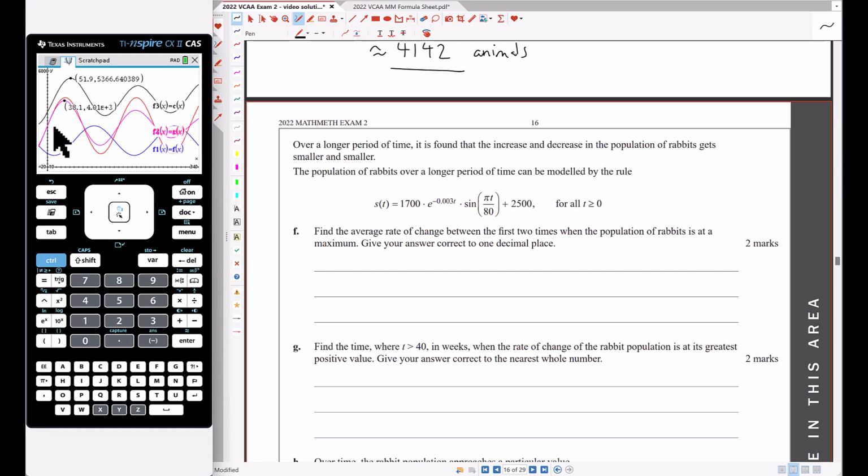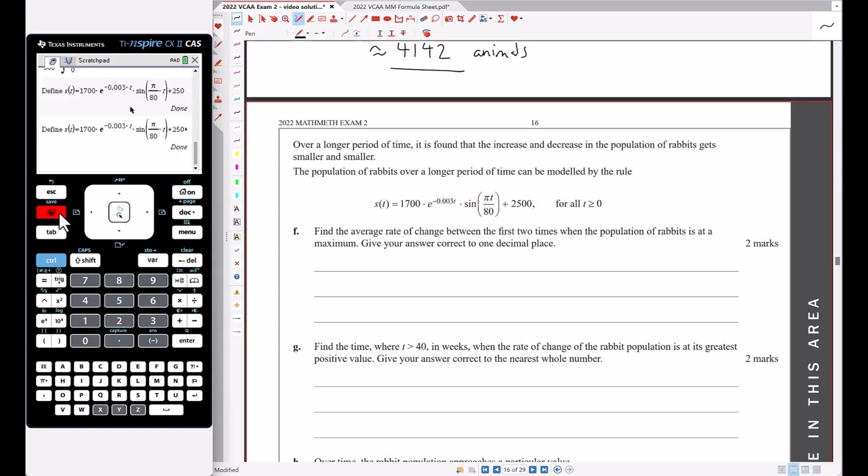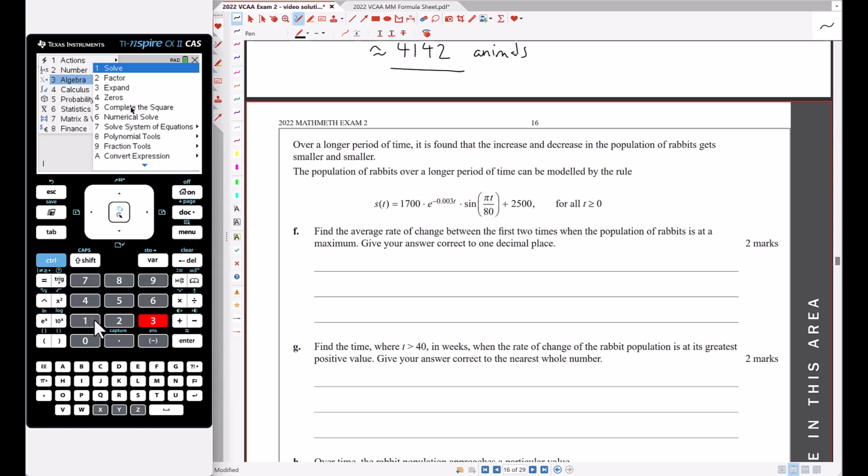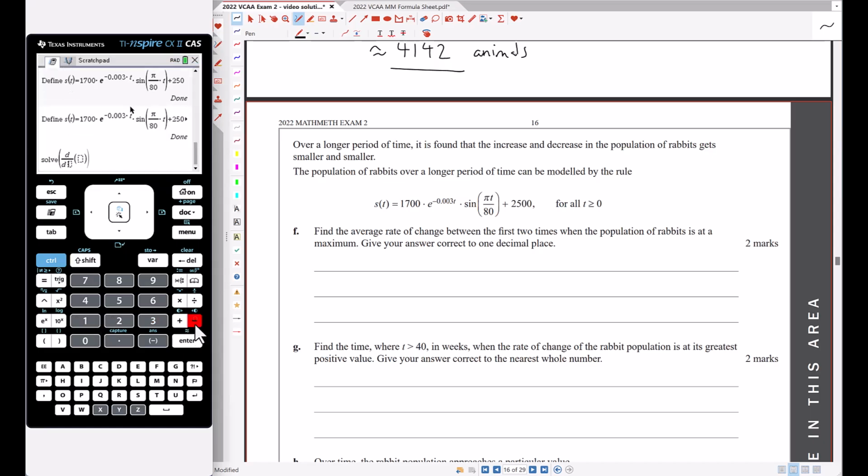But at least graphically we can see that the first positive place where the derivative is 0 will be a maximum, and then the third place where the derivative is 0. Okay, so let's have another look. Let's solve the derivative of S of t equal to 0 for t, and it's periodic.